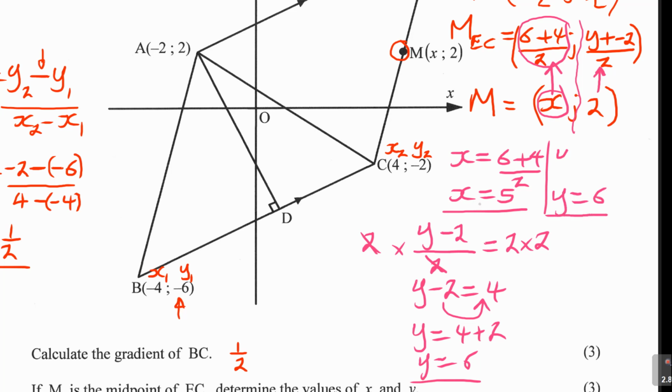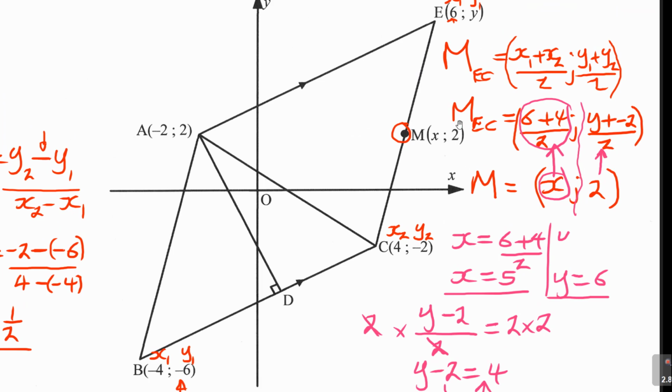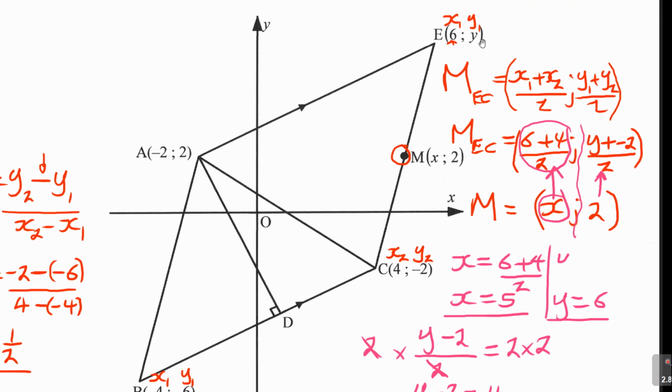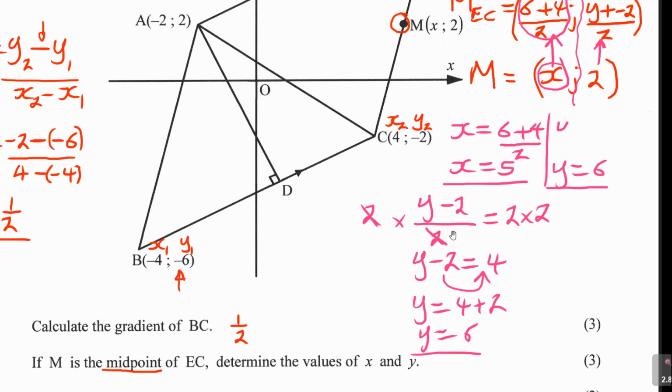So how do you write the answer? The values of x and y are equal to what? 5 and 6. That's what they wanted. They wanted you to find the values of x and y. It's 5 and 6. All right.